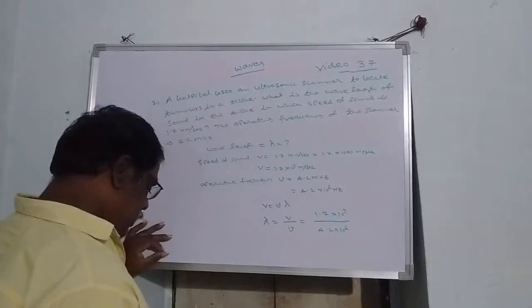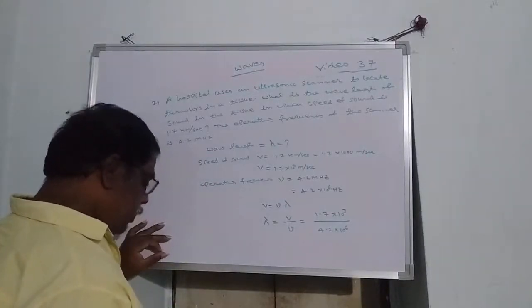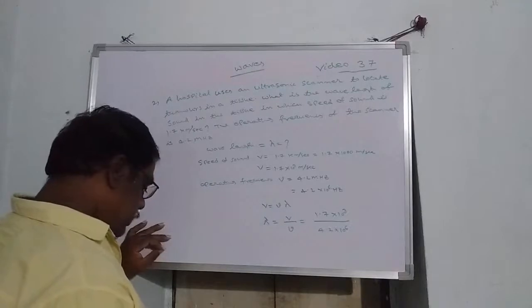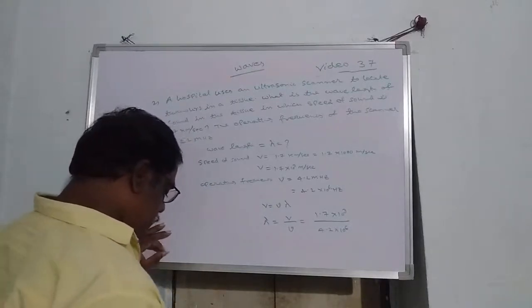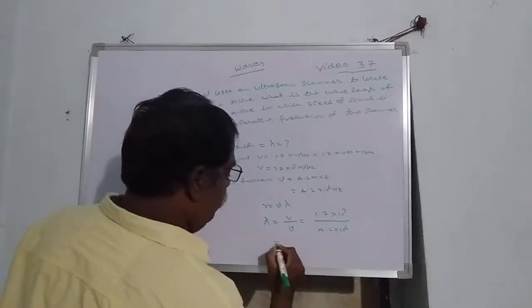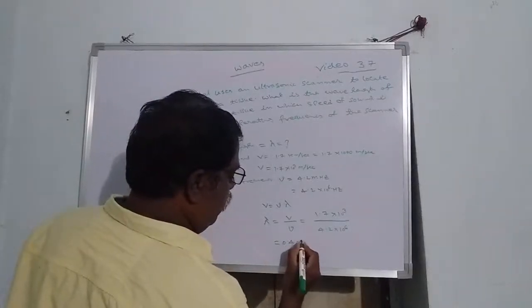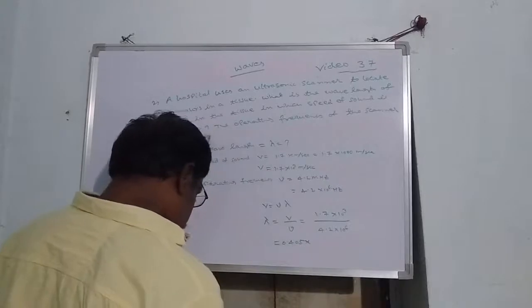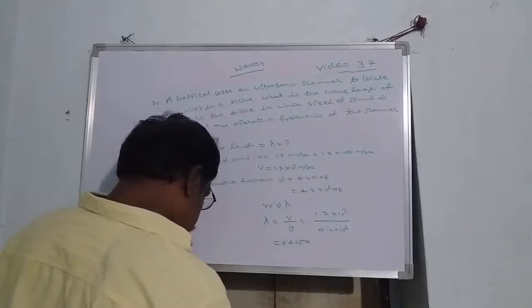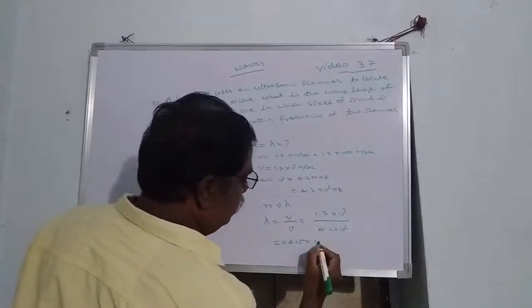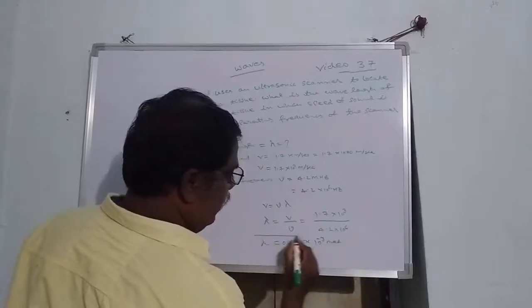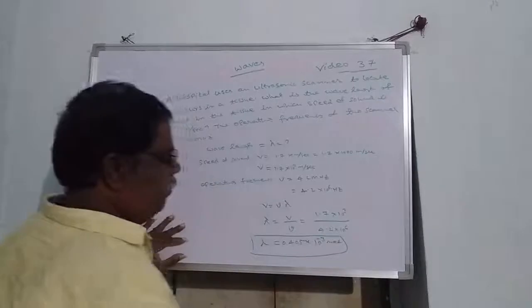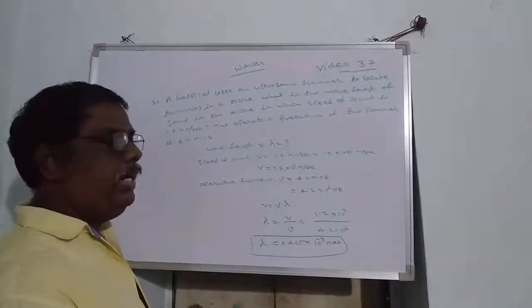Substituting the values and simplifying, we get 0.405 into 10 to the power of minus 3 meters. This is the wavelength.